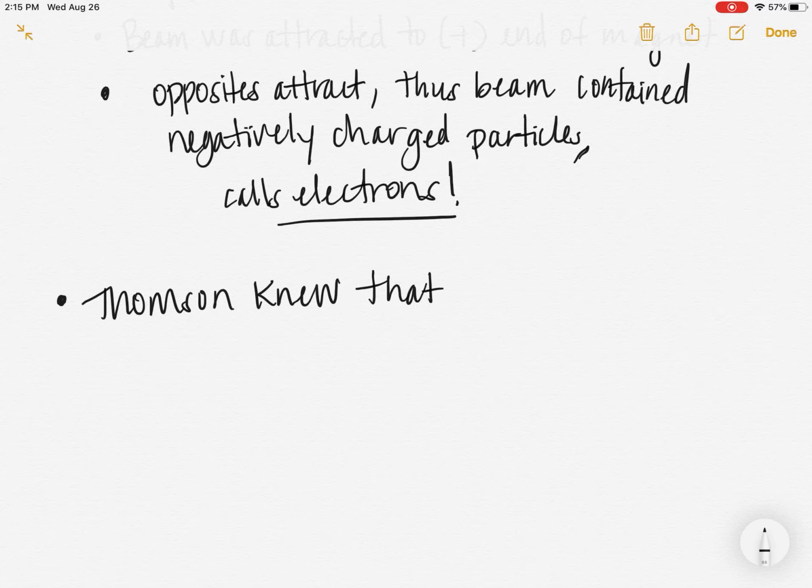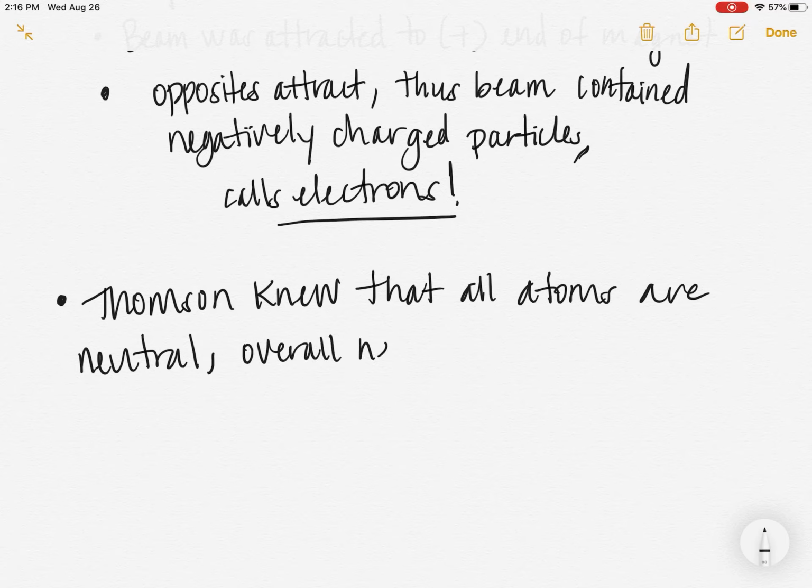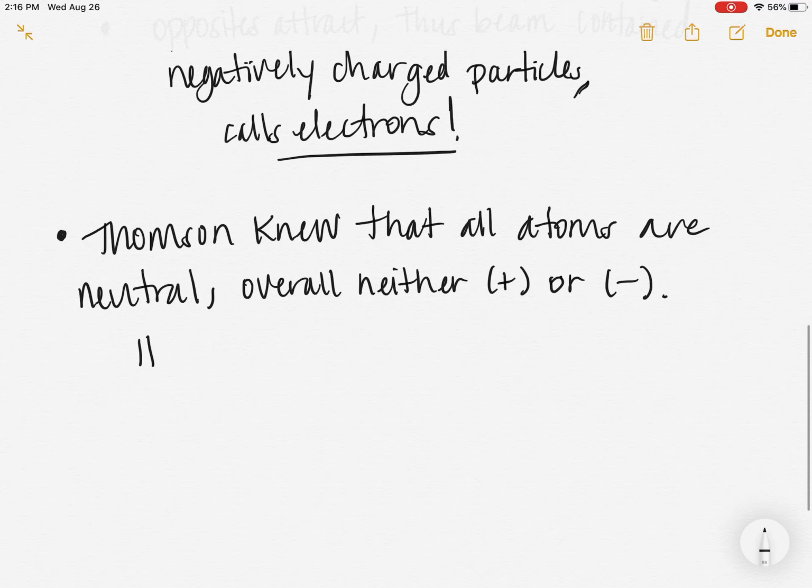And it's that Thomson knew something. Thomson knew that all atoms are neutral, meaning they are overall neither positive nor negative. So Thomson thought, how can this be? If I know there are negative electrons, there have to be positive something to balance out those negatives.